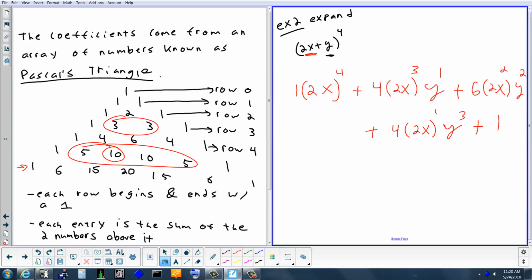And then the last one is just 1 y to the fourth. Now, because we have these monomials that have 2 factors in them, we have to do that out. So basically, you think of those as both having an exponent of 1. Each one of them gets the exponent. So what's 2x to the fourth power?